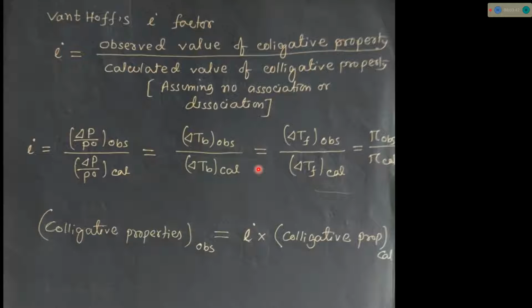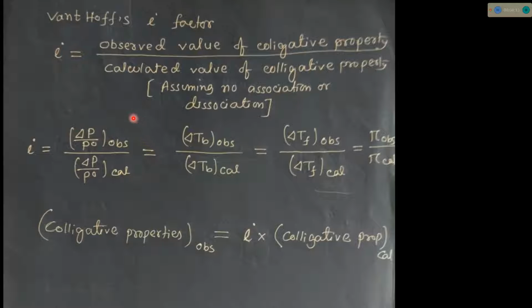So if we assume there is no association or dissociation of solute, then we can write ΔP by P0 equal to an expression, ΔTb equal to Kb into m, ΔTf equal to Kf into m, where m is molality, and π observed is equal to CRT.